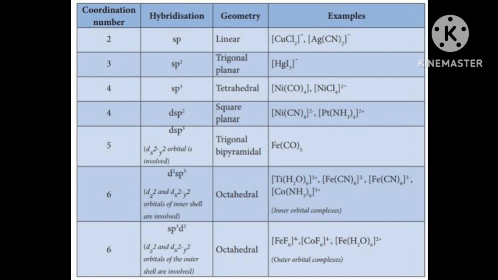Out of 5, maybe 1 or 2 are filled, filled means 2 electrons, and the rest have 3 electrons. This is the normal condition.